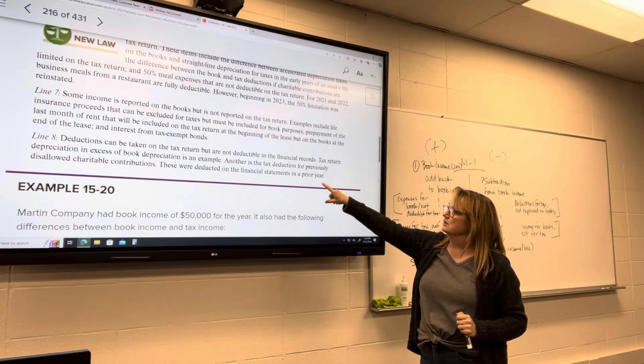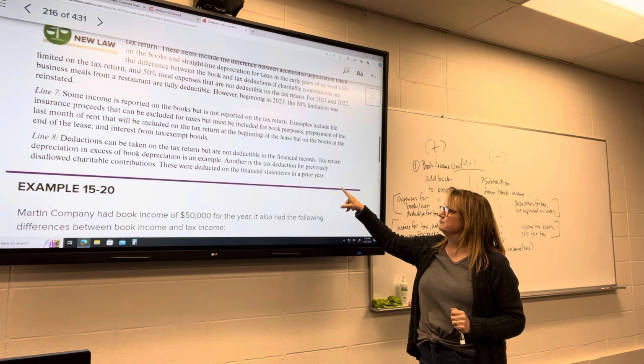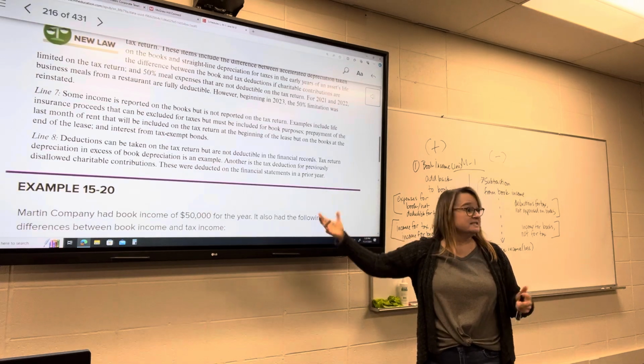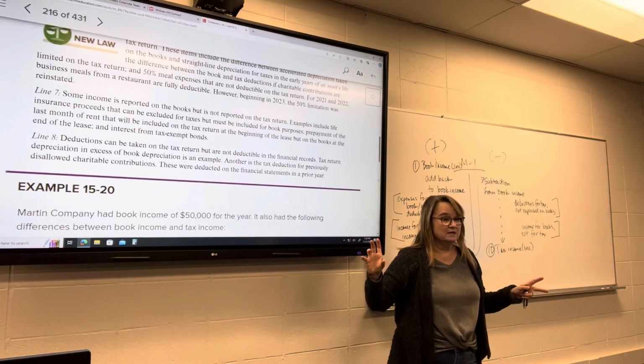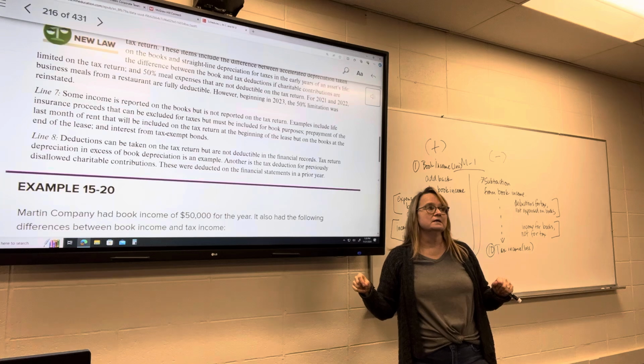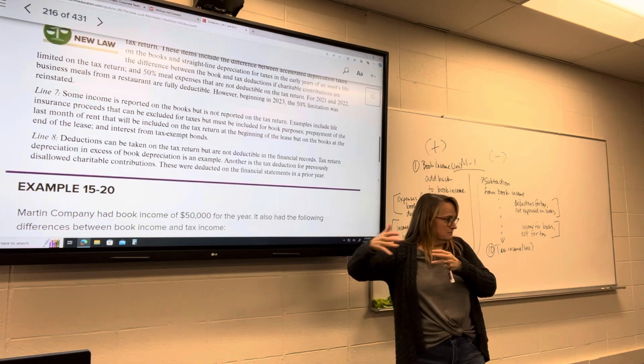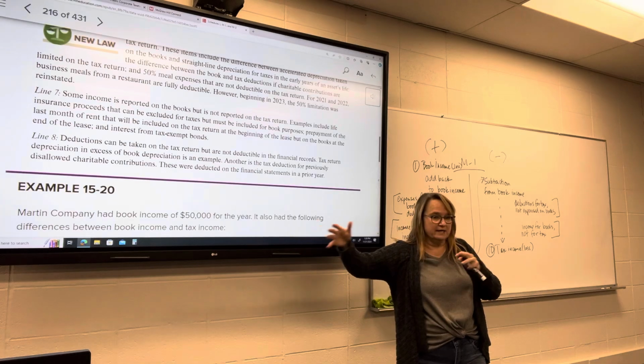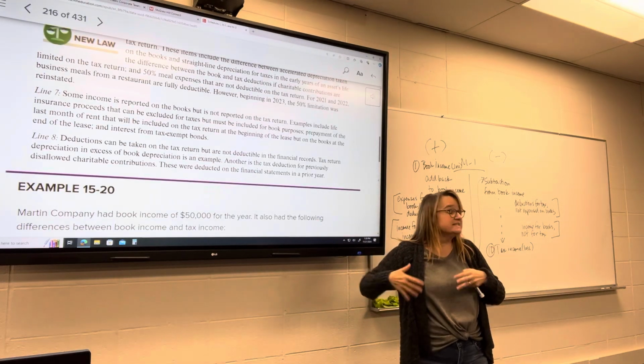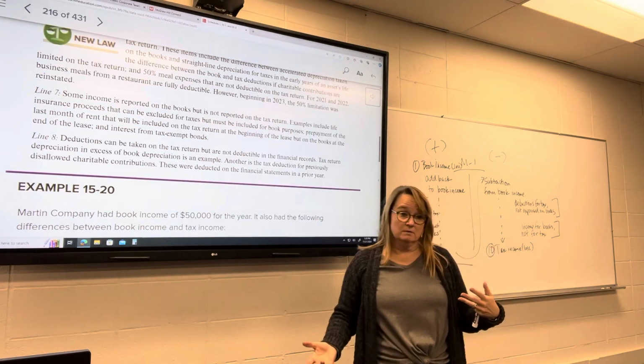Most times these are items that were deducted from a prior year. So a lot of times some of these are timing differences that are going to be temporary. So eventually, as time goes on, it's gonna even out. Some of them are permanent differences though.